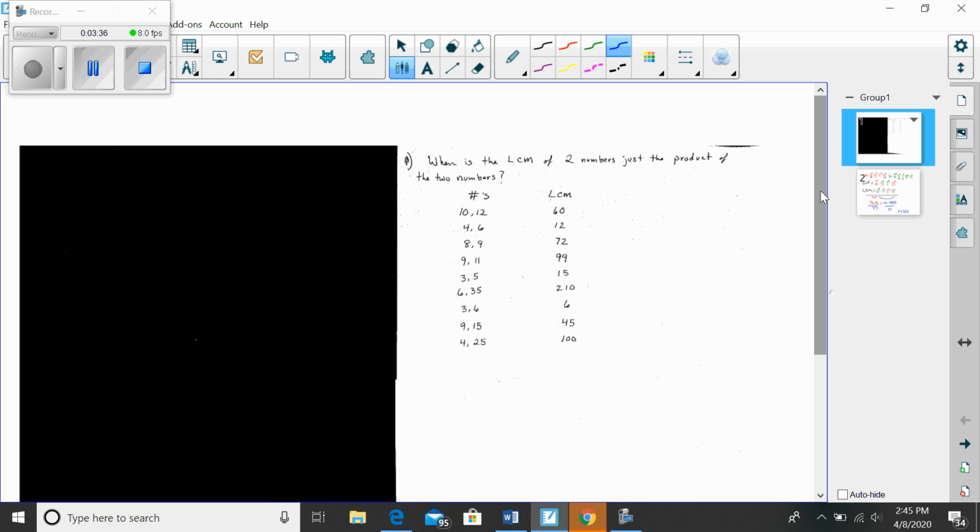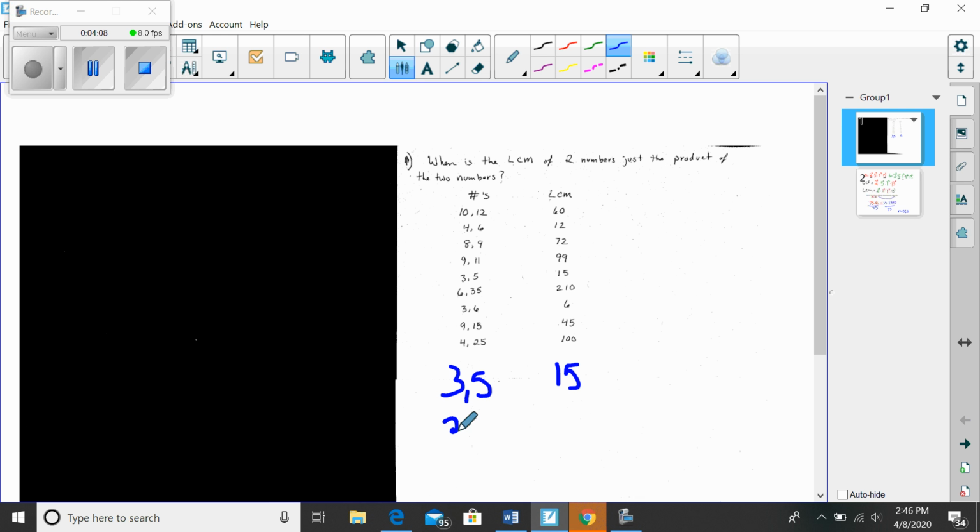So I remember when my daughter first started adding fractions, and she came home and told me, Mom, they told us we had to find the least common multiple. She said, but I noticed that the least common multiple just means you multiply the two numbers. All right, and that's because she was working with things like thirds and fifths. Okay, so if you were adding thirds and fifths, then sure, the least common multiple is just 15, right?